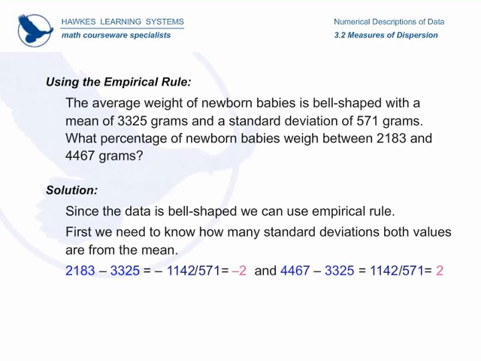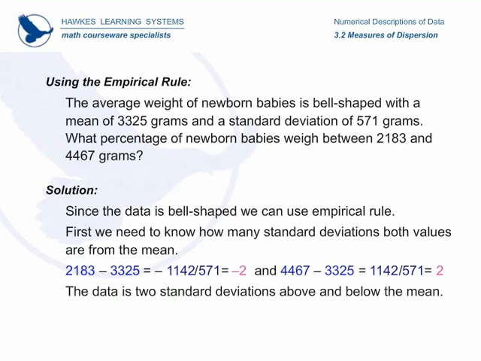Next, we take the 4,467 grams and subtract that once again from the mean of 3,325 grams, and that would give us 1,142 divided by 571, or a positive 2.